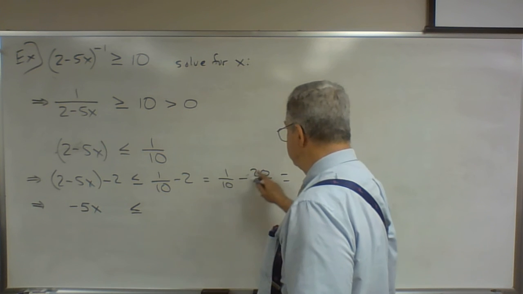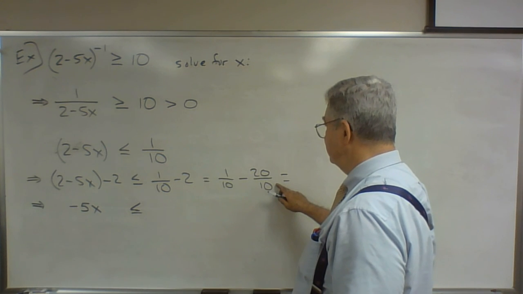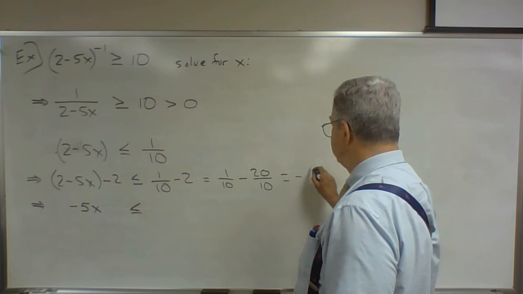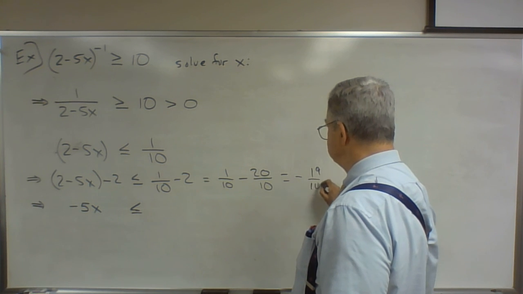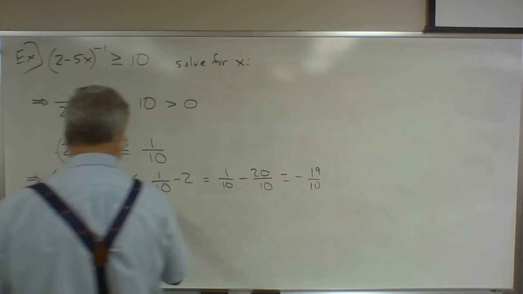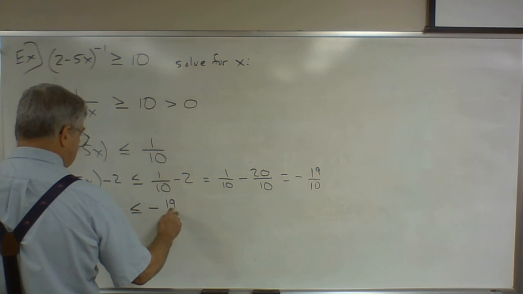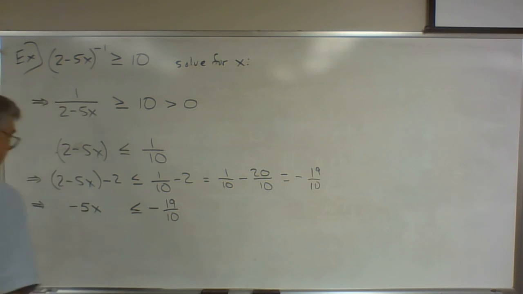So 1/10 minus 20/10 is negative 19/10. And now I need to solve for x, so I'll multiply both sides by negative 5.